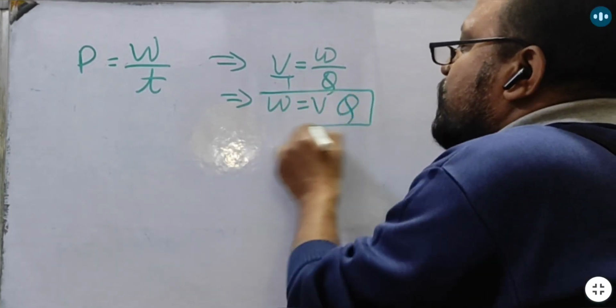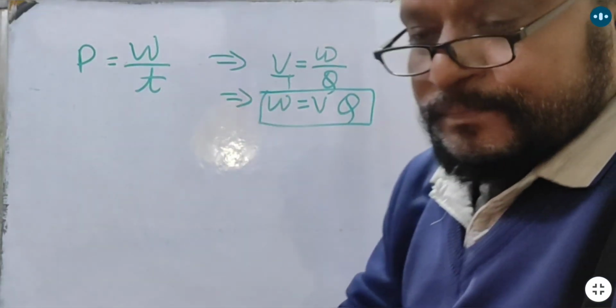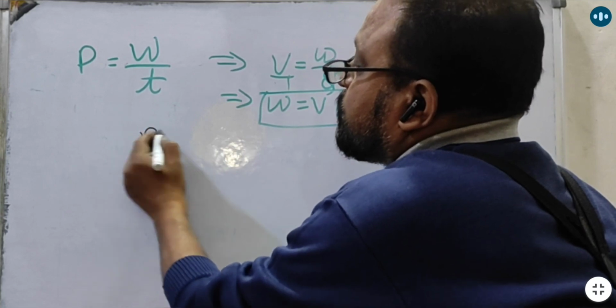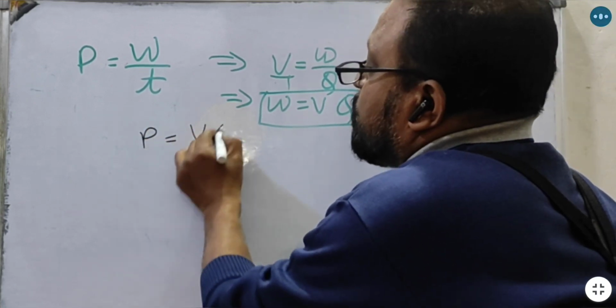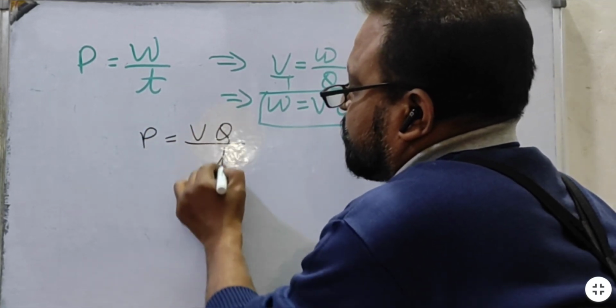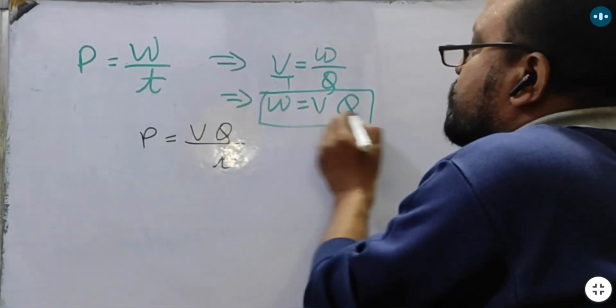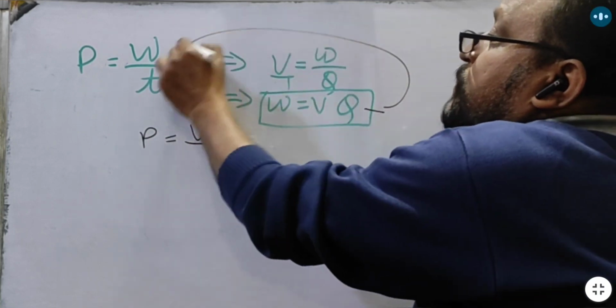You put it here. P is equal to V into Q upon T, right? I substituted this value in this equation.